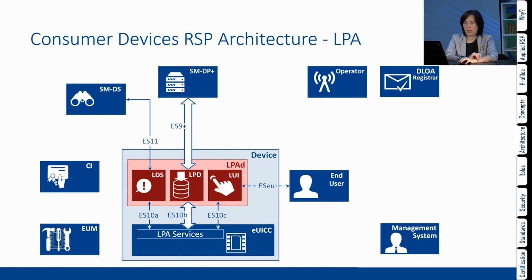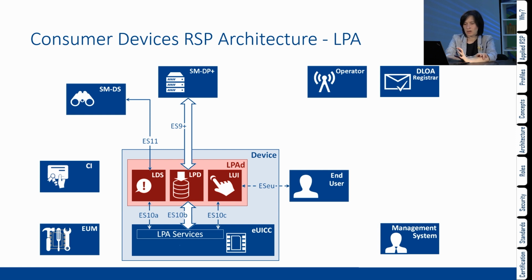Actually, since we don't have the secure router, the role of the secure router is split between the SMDP Plus, which is why we have the plus, and the LPA itself, inside of the device.